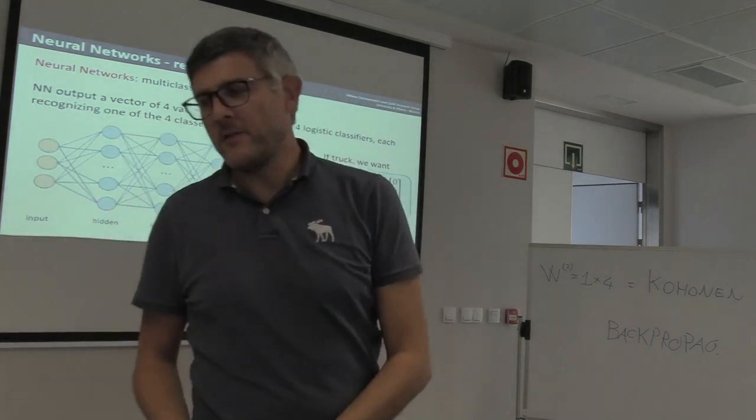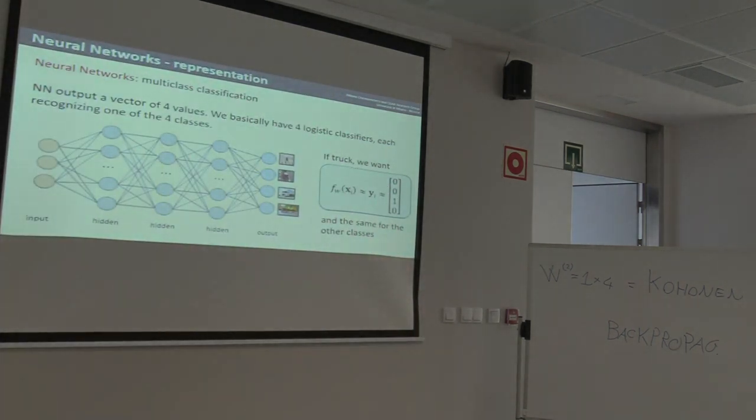So imagine that for this sample we get here a value in between 0 and 1, so a value equal to 0.01. Here a value of 0.1. Here a value of 0.9.